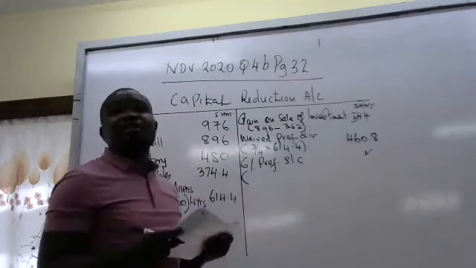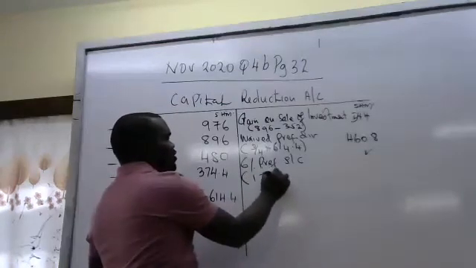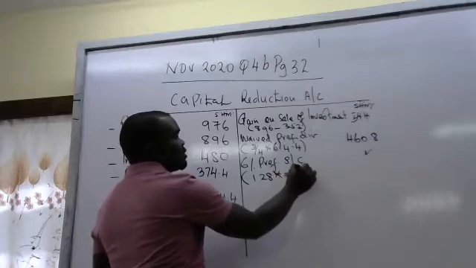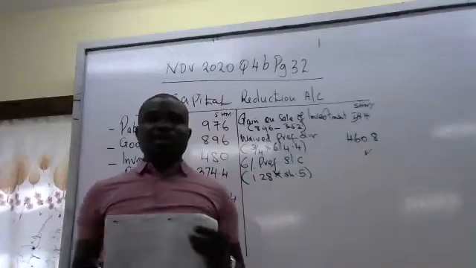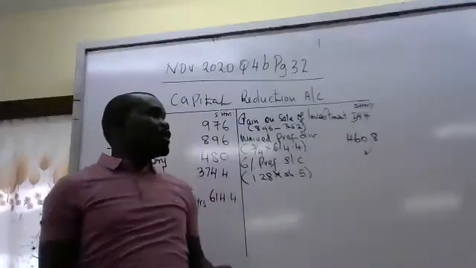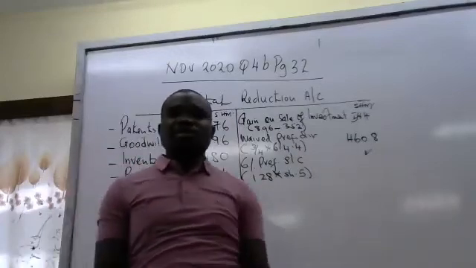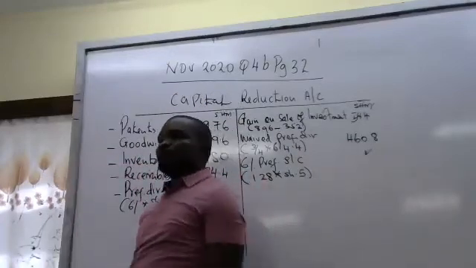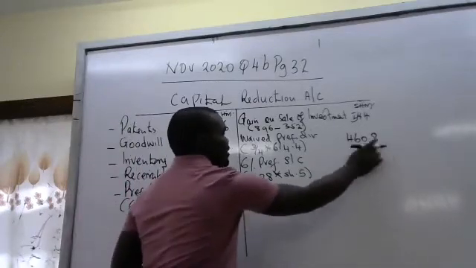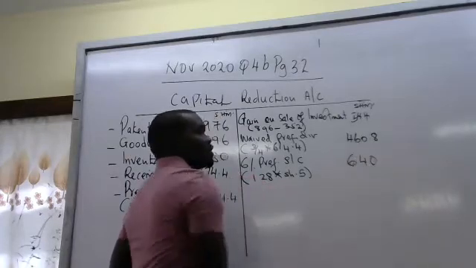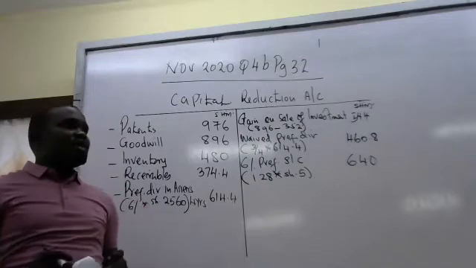They were 128, and we are reducing by shillings how much? 5, because it was 20, they reduced to 15. So we are losing 5 for every share. You get 640. Correct.